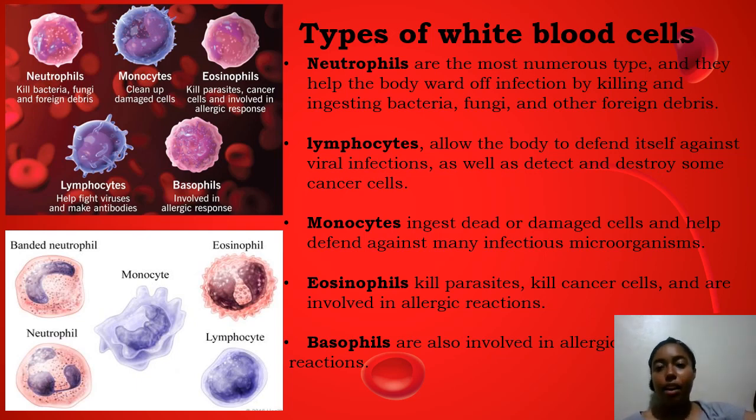Lymphocytes allow the body to defend itself against viral infections as well as detect and destroy some cancer cells. Monocytes ingest dead or damaged cells and help defend against many infections. Eosinophils kill parasites, kill cancer cells, and are involved in allergic reactions. Basophils are also involved in allergic reactions.